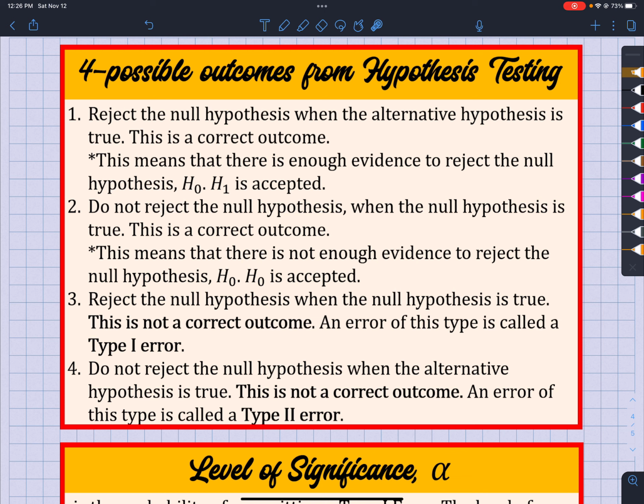If I did not go past a stop sign and I'm arrested for not stopping at a stop sign, then I get let go. Makes sense. Next, do not reject the null hypothesis when the null hypothesis is true. If I did commit the crime and I was found guilty, then it's appropriate, and that would be a correct outcome.